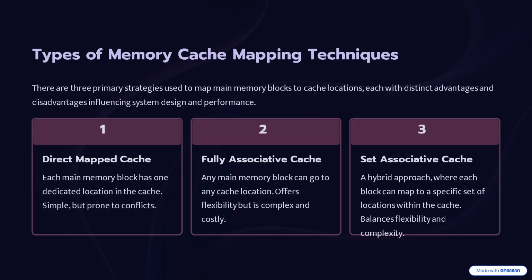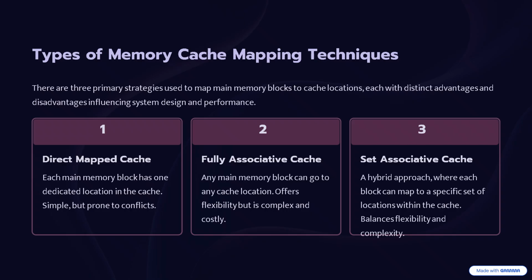Three, set associative cache. A hybrid approach where each block can map to a specific set of locations within the cache, balancing flexibility and complexity. So the set associative cache has features of both the direct mapped cache and the fully associative cache. It's a kind of mixture of both mapping techniques.